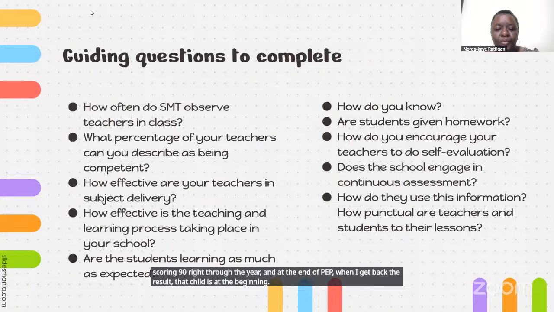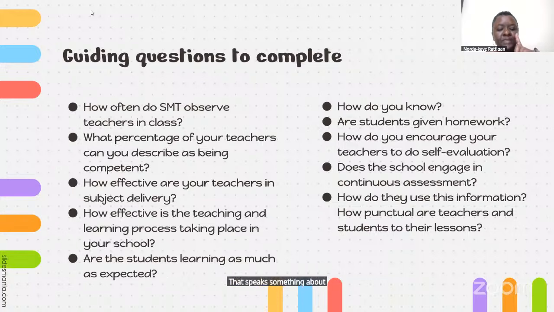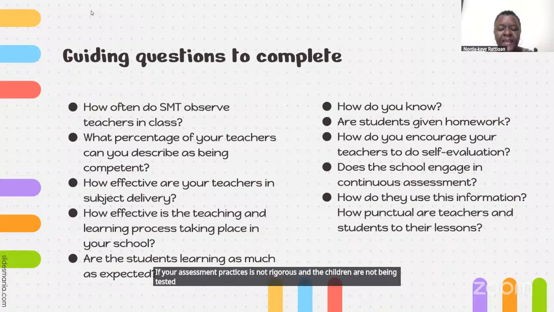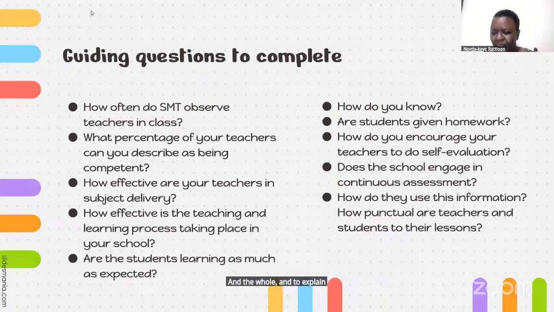That speaks to something about your assessment practices. You may not agree with me, and I'm going to tell you why. If your assessment practice is not rigorous and the children are not being tested on not just simple recall, but you're grooming them to answer the why and the how and to explain.